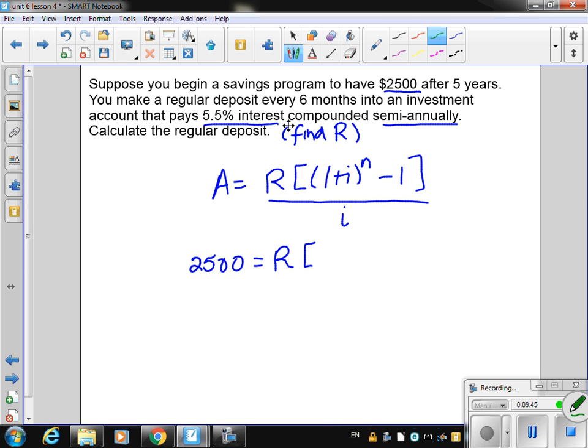So I am going to figure out what I is off to the side. My yearly rate is 5.5%. So that's how I would write 5.5% as a decimal. I want to make that a semi-annual rate, so I'm going to divide it in half, which is 0.0275. So 2.75% twice a year.